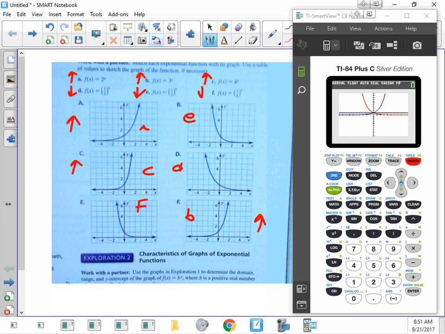All right, we don't want to do recursive.